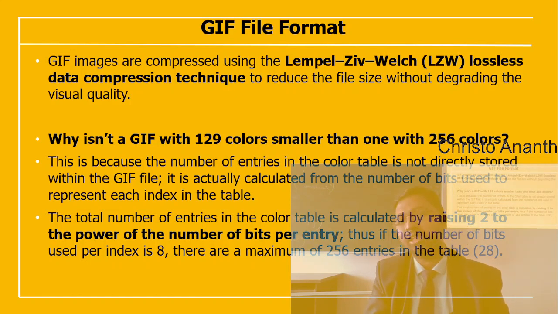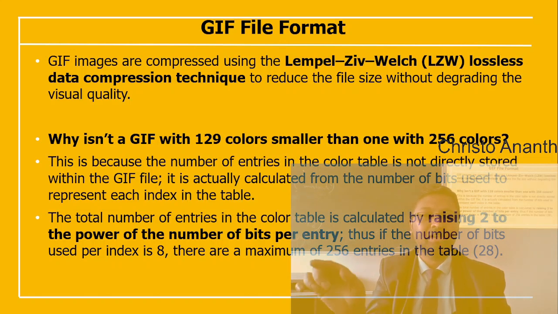The total number of entries in the color table is calculated by raising 2 to the power of the number of bits per entry. This means that if the number of bits used per index is 8, there will be a maximum of 256 entries in the color table.